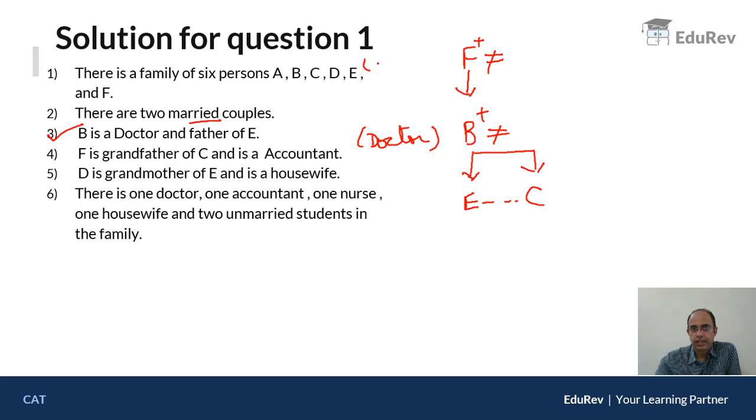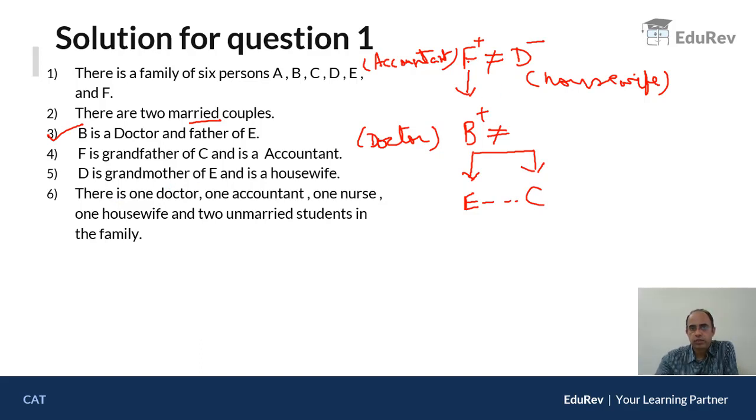Fine. Now, F is an accountant, so I've written in brackets that F is an accountant. Now it says D is the grandmother of E. That means D is the wife of F. And D is a housewife.